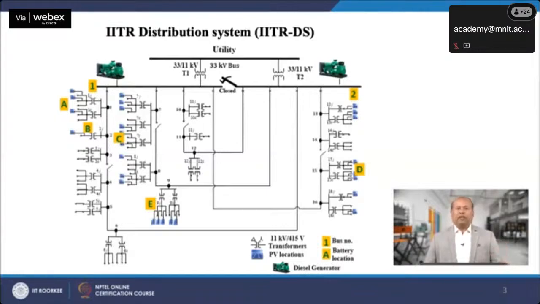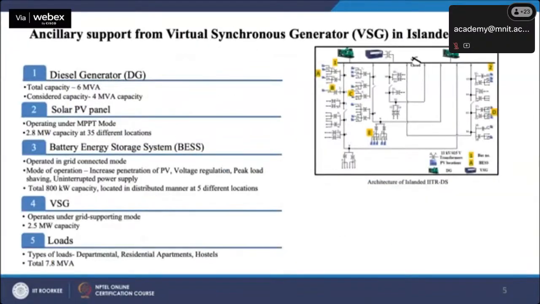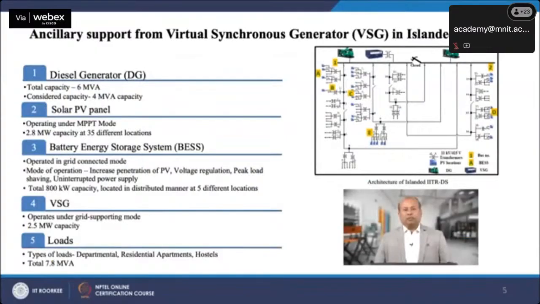Majorly, there are 8 feeders to which several solar PV panels and different loads are connected. Further, in islanded mode, the IIT Roorkee distribution system is energized by diesel generators, and they are close to 6 megavolt ampere capacity.